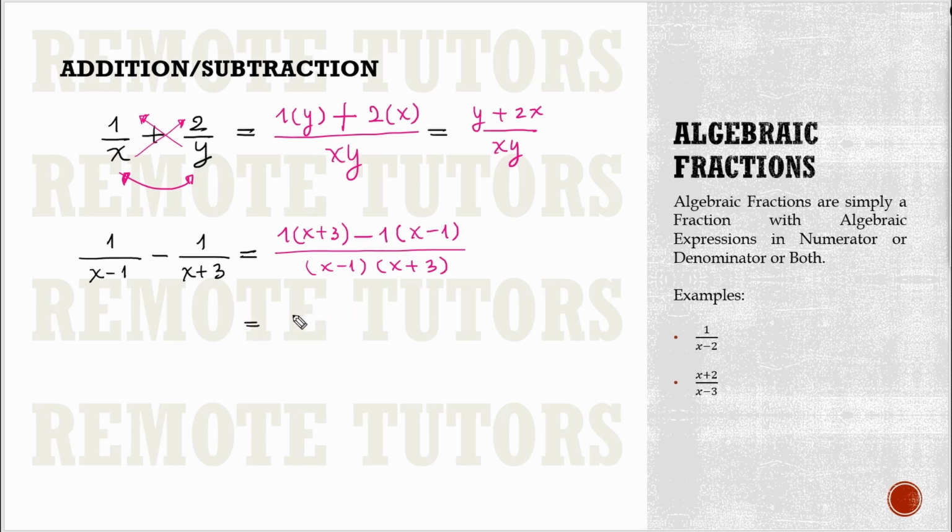So next we get x plus 3 minus x plus 1 divided by x minus 1 times x plus 3. And at last, we will simplify the numerator by combining like terms. X minus x gives 0 and 3 plus 1 gives 4. So we get 4 divided by x minus 1 times x plus 3.